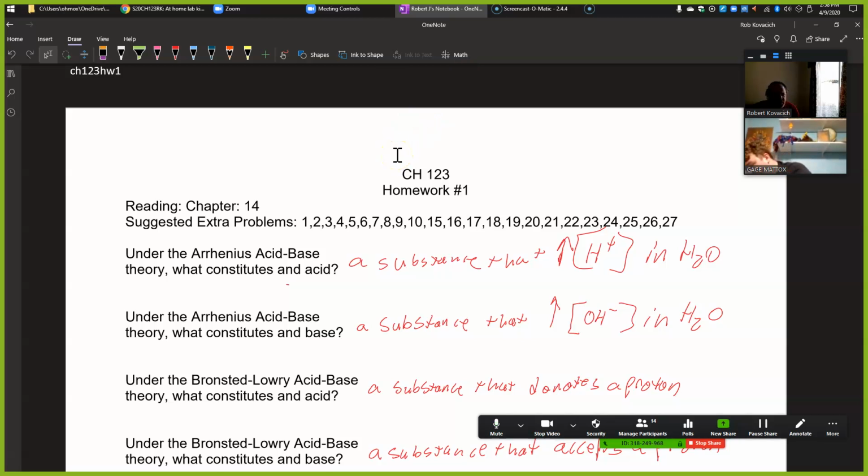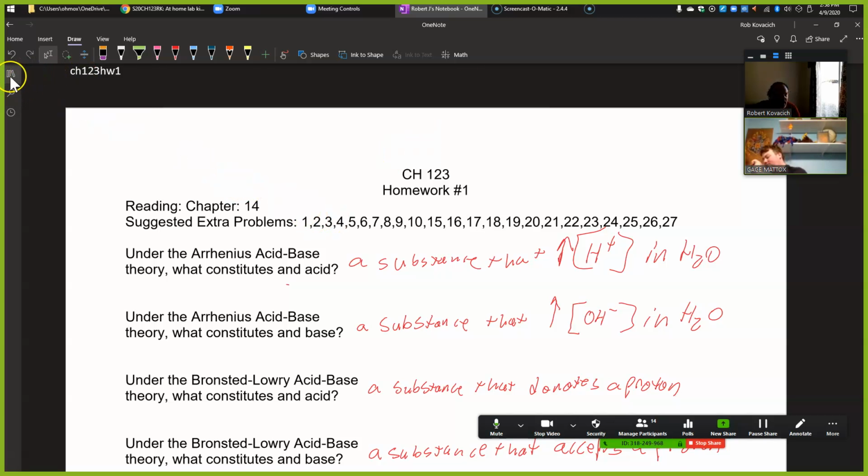Photographs are fine. There are free software programs that let you write on PDFs, and you guys all have access to Microsoft Office 365. Did you know that? You're all members of the college, so it's part of your tuition.